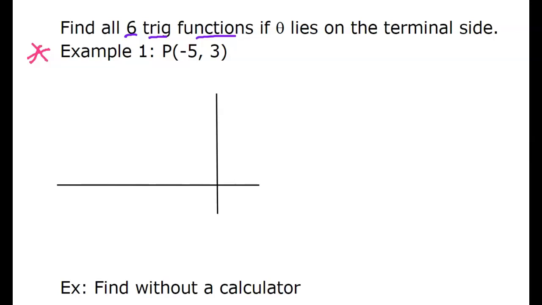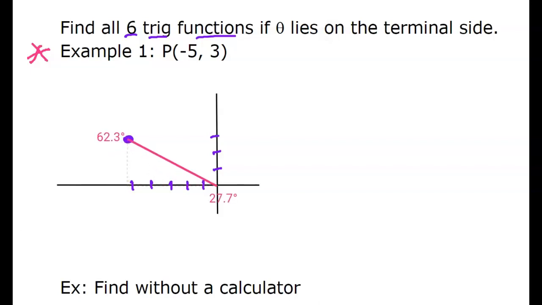So point P, I'm going to place on this coordinate plane. I'm going to create my lines in my graph really quickly, and I'm going to put point P on this negative 5 right here. And I'm going to draw my line going from the origin to my point.